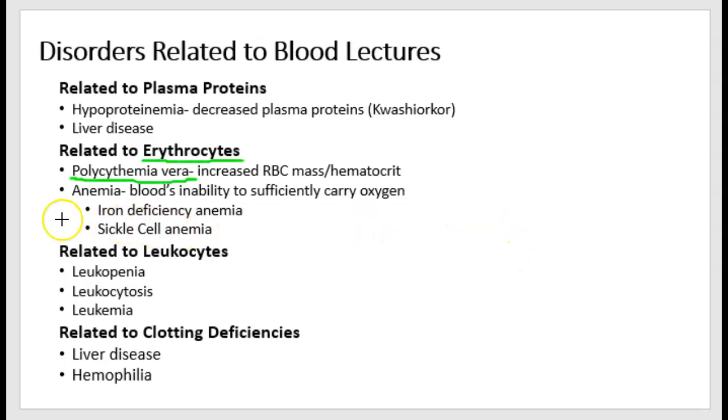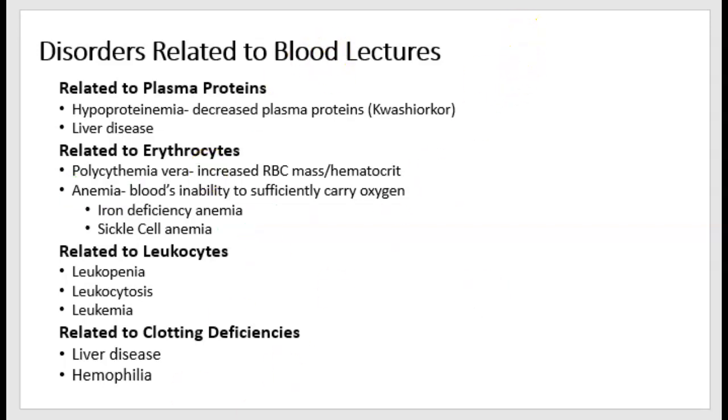In addition, another couple of disorders that we talked about related to erythrocytes are anemia. One cause is iron deficiency, and the other cause would be a sickle cell genetic disorder. Regardless, anemia is defined as the inability of the blood to sufficiently carry oxygen. So we'll look at that.